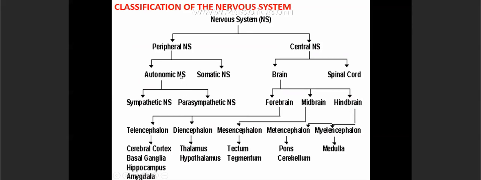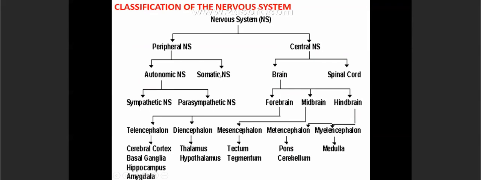For now, the other part of the peripheral nervous system is somatic. You can control consciously your limbs, your trunk, and so on, where you have a skeleton and muscles. So cranial nerves and spinal nerves are part of the somatic nervous system.